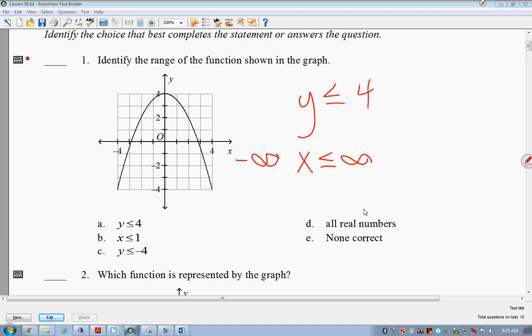In fact, what we could say is that in terms of our domain, x equals all real numbers. Okay? But our range does not. Our range has a limitation. Our range is less than or equal to 4. Do we follow all that? Okay. Great.